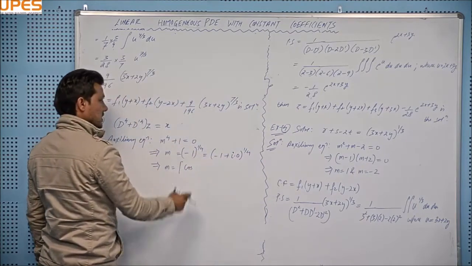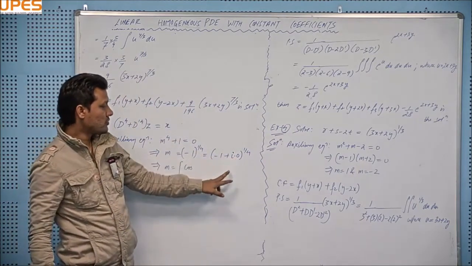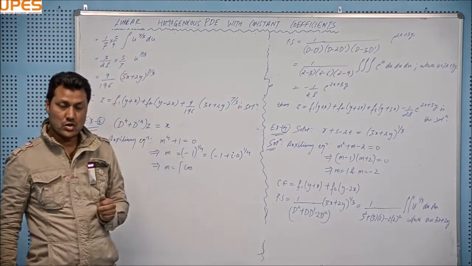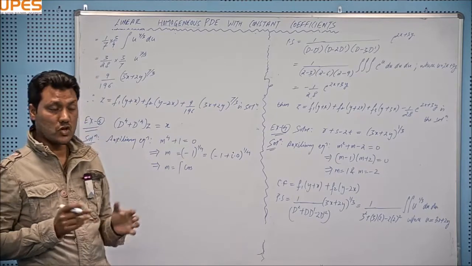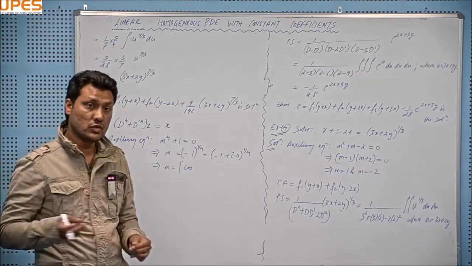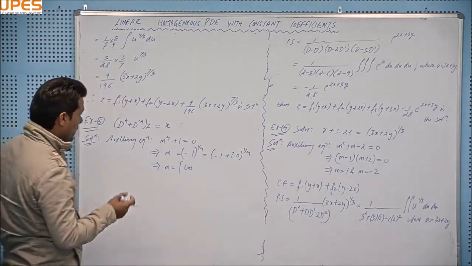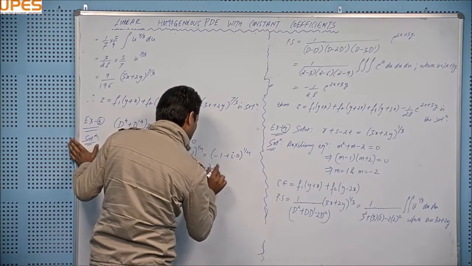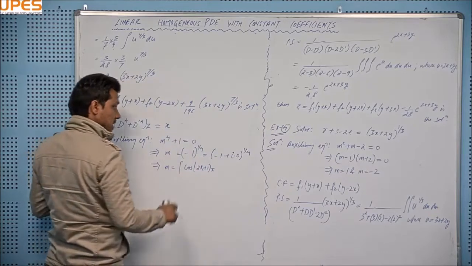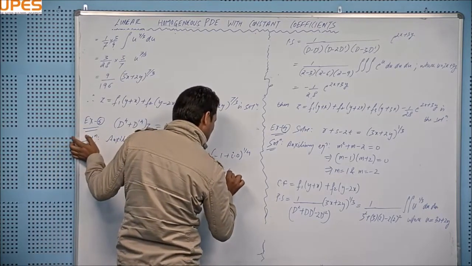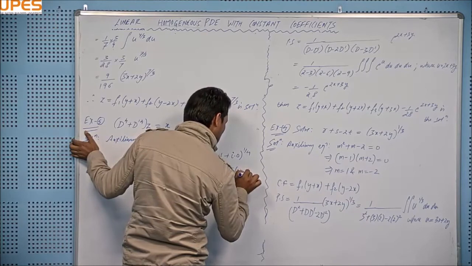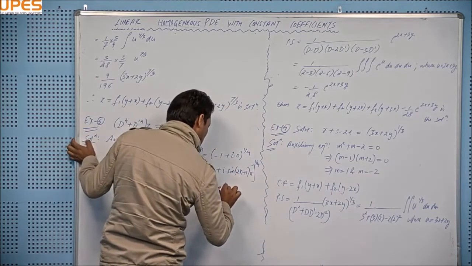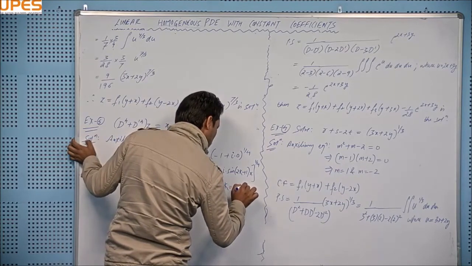Now this minus 1 is taken by cos, and 0 is the value given by sine, and we know that cos with an odd multiple of pi gives minus 1. So cos pi is equal to minus 1, cos 3 pi equal to minus 1, and so on. So in general I will write cos (2k plus 1) pi, that is the odd multiple of pi, remember that, and here I will write iota sine (2k plus 1) pi, to the power 1 by 4, and what is my k? K is equal to 0, 1, 2, 3.